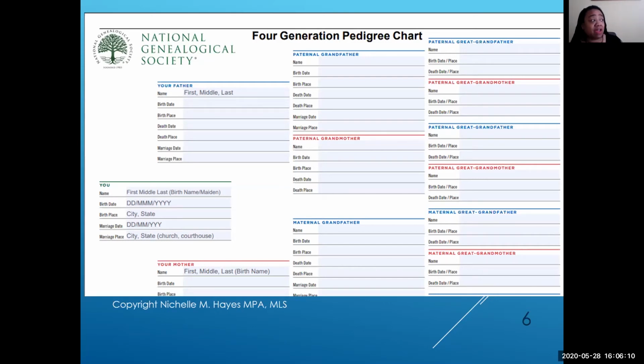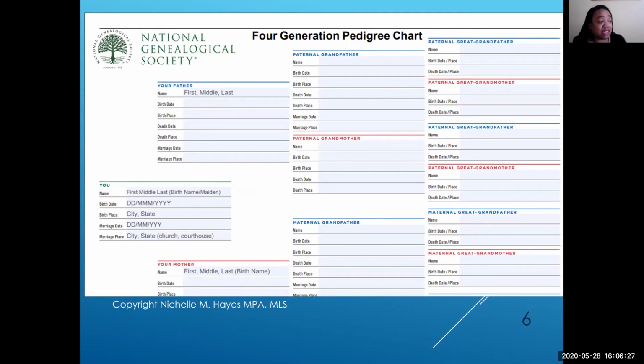So we put down all the information we know about them using that same way of noting down the information. If a person went by a particular nickname, that might be something that you could note, but you definitely want to put down that quote unquote government name.